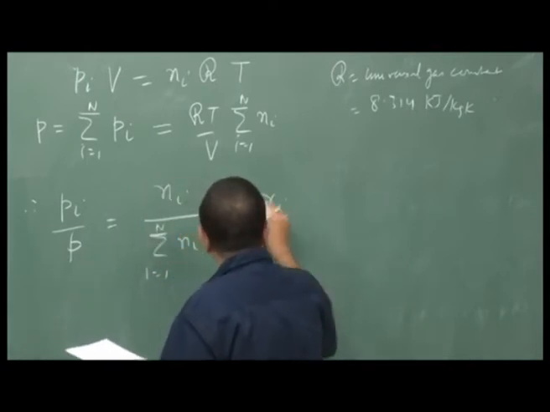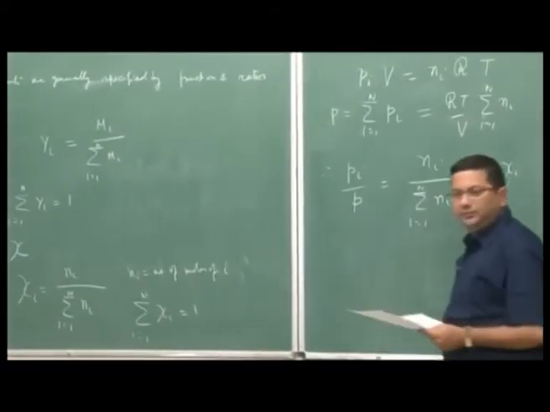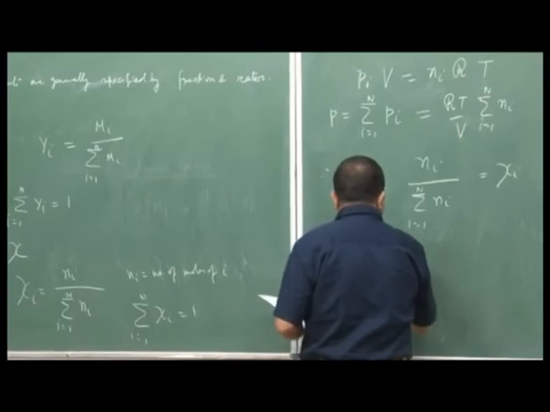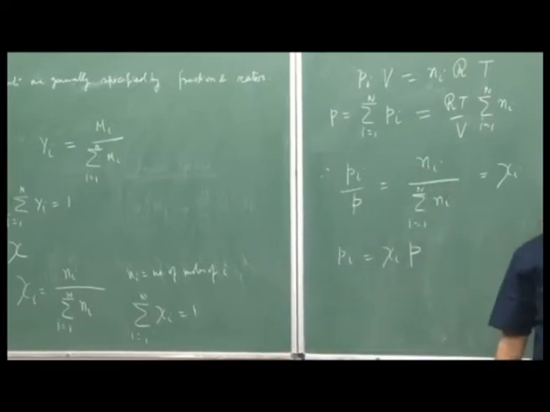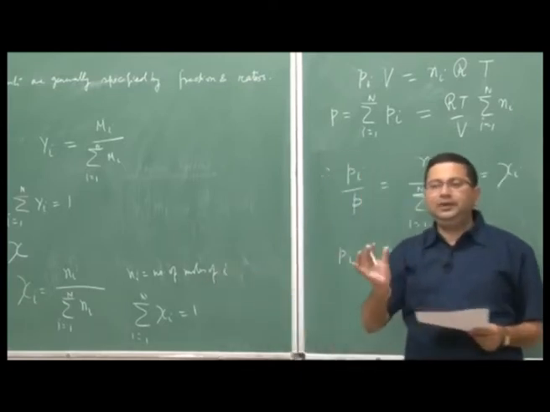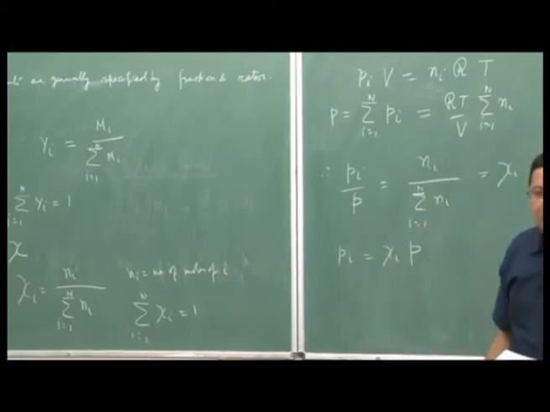So, by definition this is my mole fraction. Therefore, the partial pressure is equal to the mole fraction of species i times the total pressure of the system. Okay. So, this is another way of representing the relative composition in terms of the mole fraction of different species.